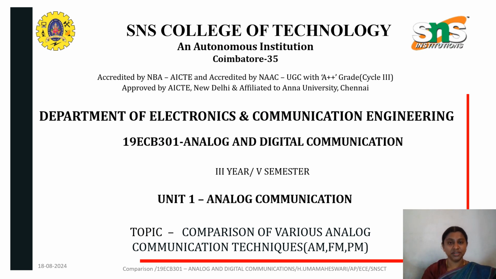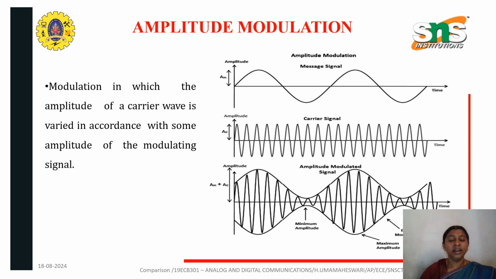In this video lecture series, I'm going to compare the various communication techniques, that is AM, FM, and PM. In amplitude modulation, the amplitude of the carrier wave is varied in accordance with the amplitude of the modulating signal.